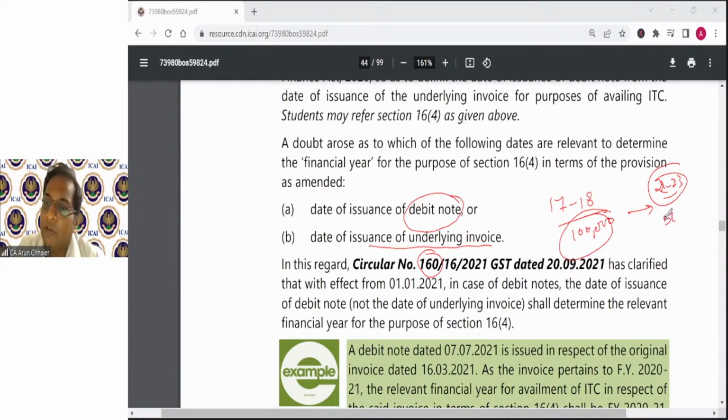It should have been 1,50,000, but he raised the invoice of only 1 lakh. Now he is raising a debit note of 50,000 plus GST. The question was whether the customer can take the ITC of this debit note or not. Please confirm whether the question is clear.